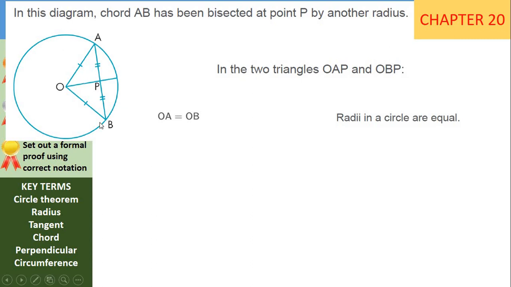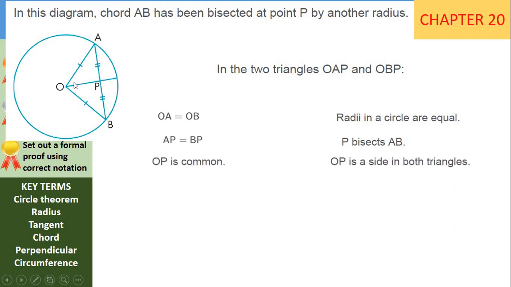So OA is equal to OB because they are both radii in the circle. AP is equal to PB because we've just been told this bisects it. OP, hopefully you can see, is common to both triangles again. So OAP and OBP are both congruent to each other by the rule of SSS. They've got three sides equal.